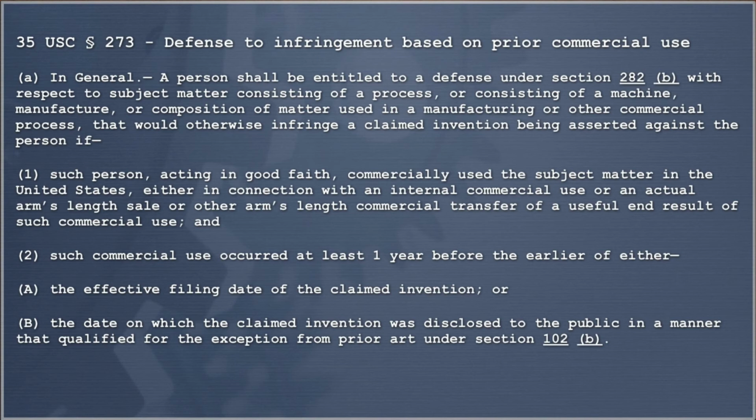Now, a person, if such person commercially used the subject matter in the U.S., either in connection with an internal commercial use or an actual arm's-length sale or other arm's-length commercial transfer of a useful end result of such commercial use, and such commercial use occurred at least 1 year before the earlier of either the effective filing date or the date on which the claimed invention was disclosed to the public in a manner that qualified for the exception from prior art under Section 102(b), right?